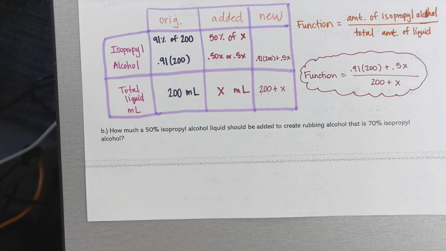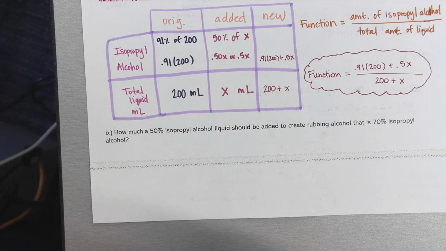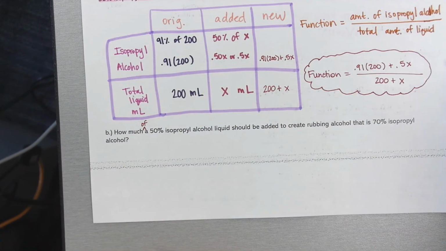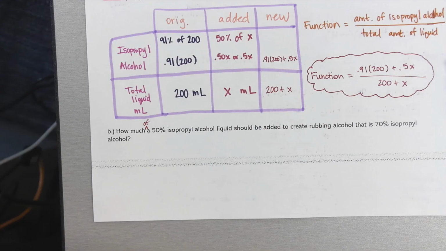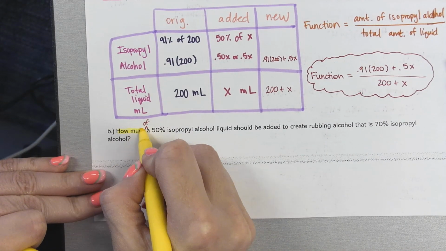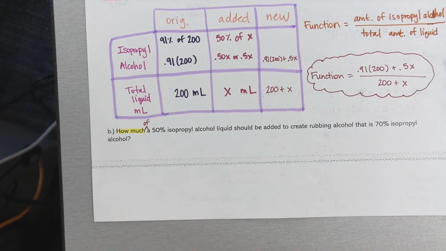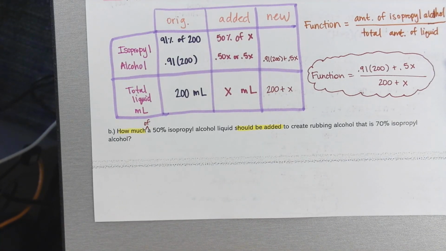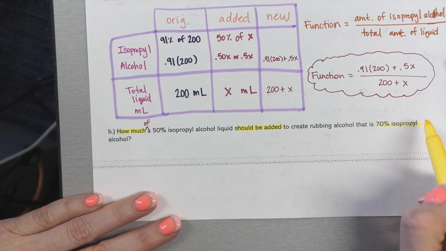Alright, so we're going to use that in part B. So this should say how much of a 50% isopropyl alcohol should be added to create a rubbing alcohol that is the 70%.